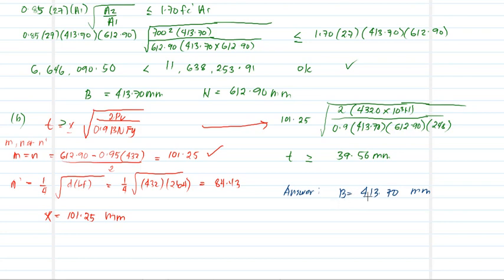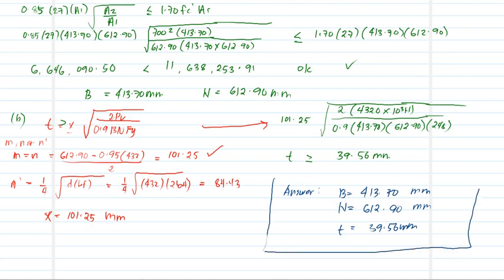Pero in actual, you have to actually round that up. That is 612.90 mm and yung T natin is equal to 39.56 mm. So, yan na yung magiging dimension natin, yung most economical section ng ating base plate. That is for the problem number 1 in your activity. Okay?